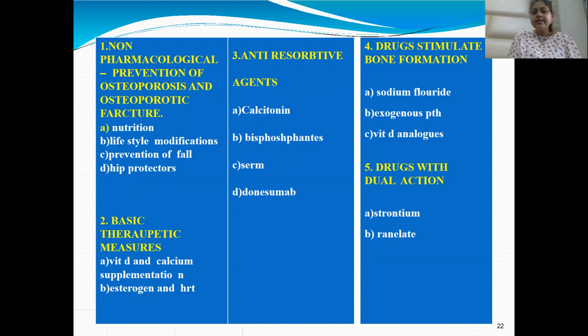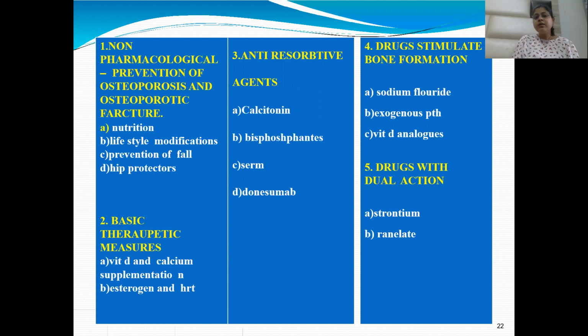Anti-resorptive agents like calcitonin, bisphosphonates, selective estrogen receptor modulators, and denosumab. Bone formation stimulators: sodium fluoride, exogenous parathyroid hormone, vitamin D analogs. And drugs with dual action, which inhibit the osteoclast and stimulate the osteoblast, that is strontium ranelate.